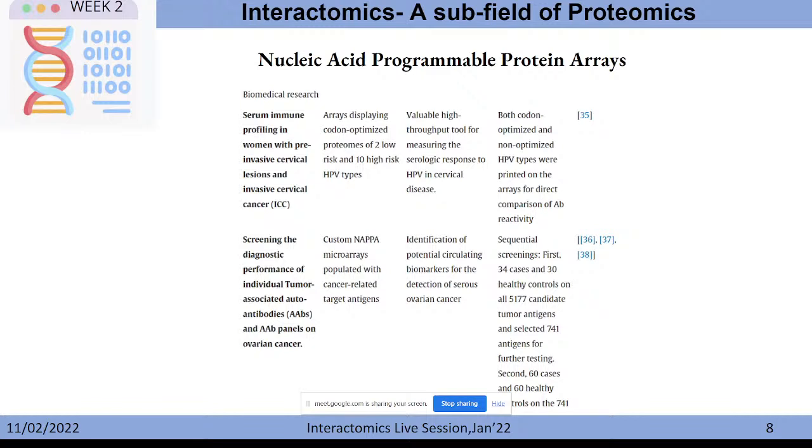This cannot be done on the same two cohorts, otherwise it won't give you the correct picture of whether the biomarkers you are claiming are actually working or not, in the disease or in the control group.